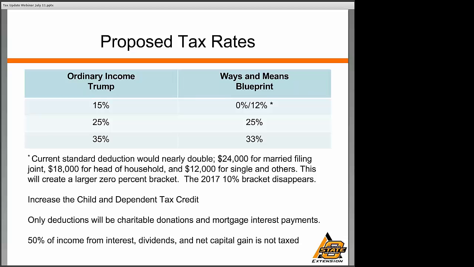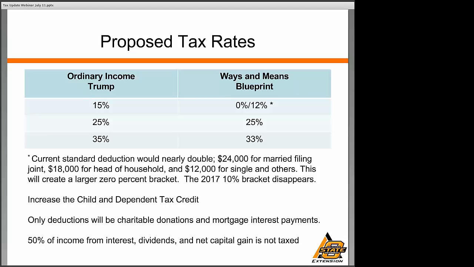So married filing joint would go to $24,000, single and others would be $12,000. So basically by that you get a major jump. It increases those numbers to where it does away with the 10% bracket.